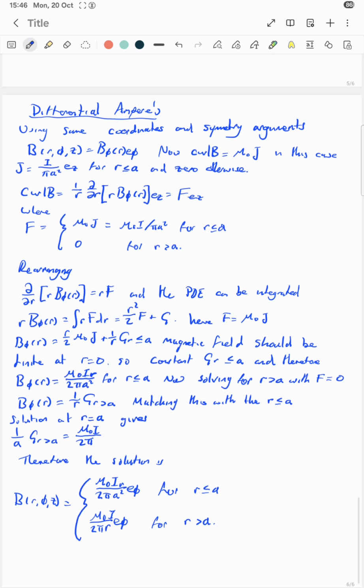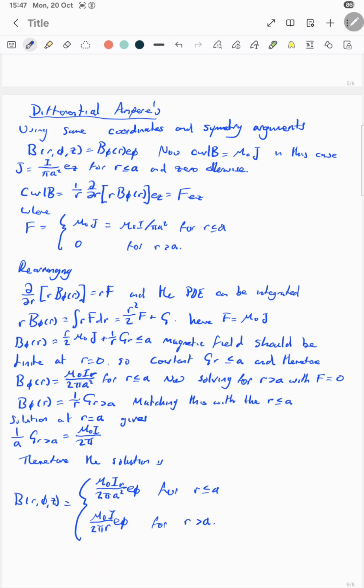Now differential Ampere's law. Using the same coordinates and symmetry arguments here, but now with curl of B equals the permeability of free space times the current density. In this case, current density is the current divided by the area along the Ez.